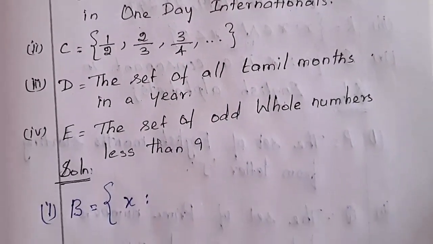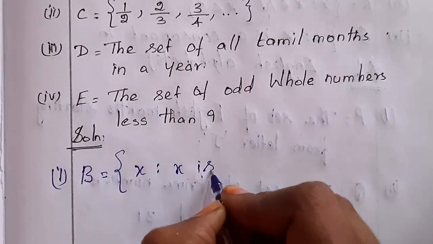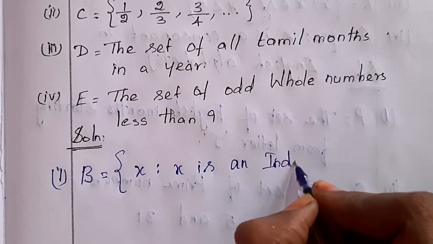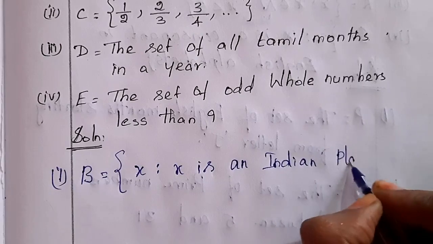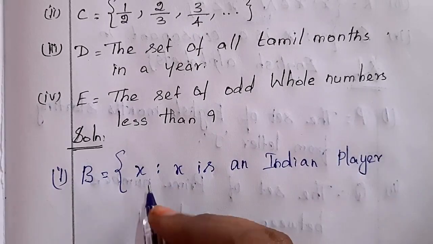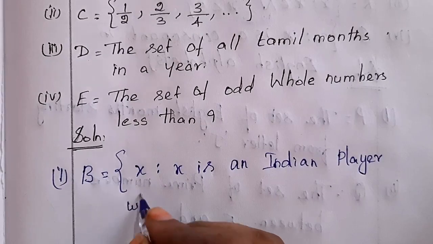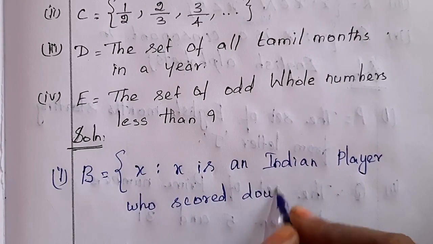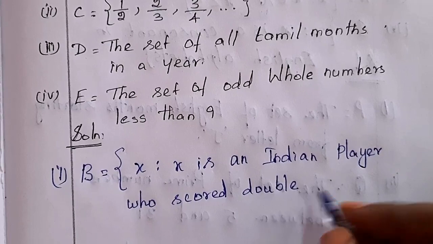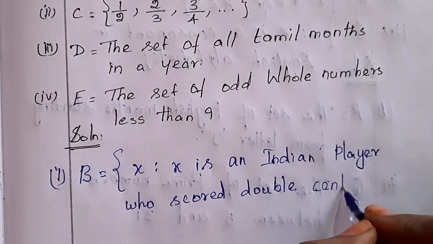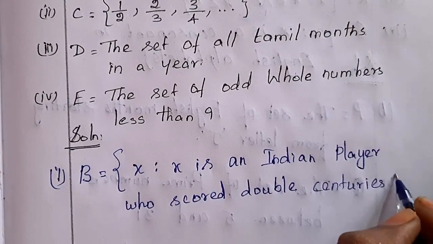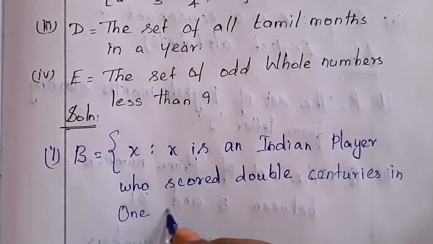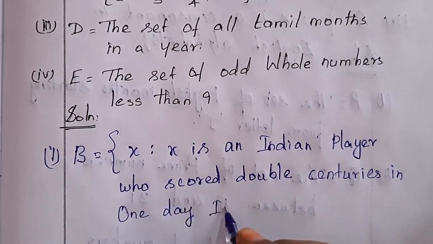So we can write that x is an Indian player who scored a double century in one day international.